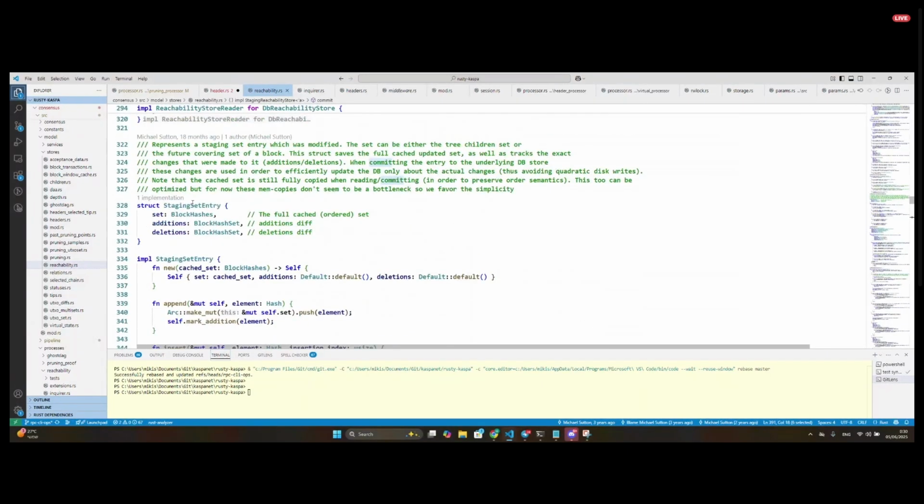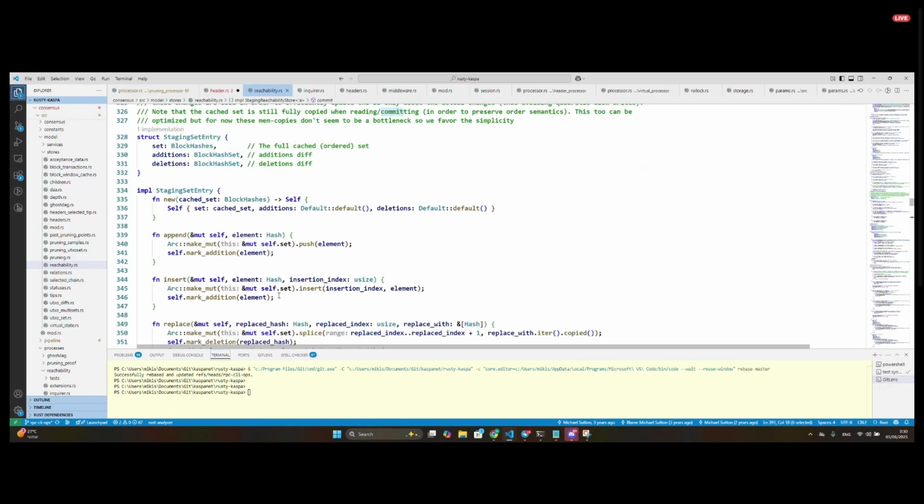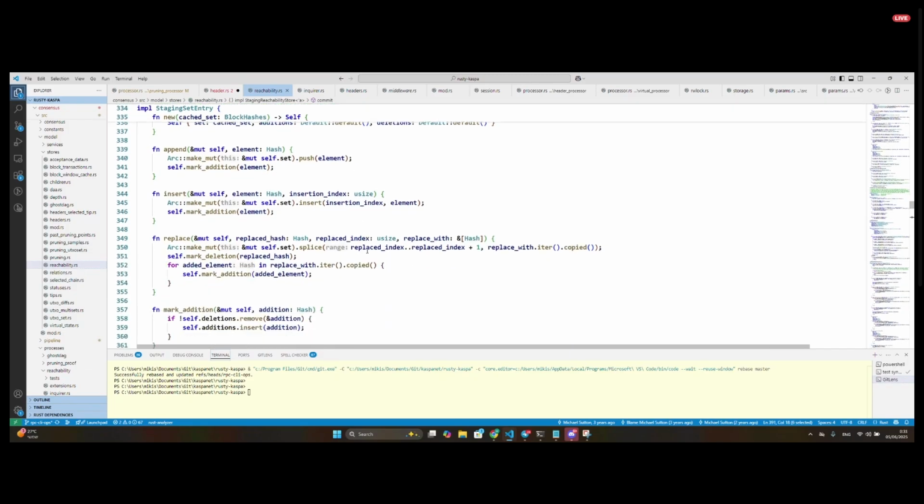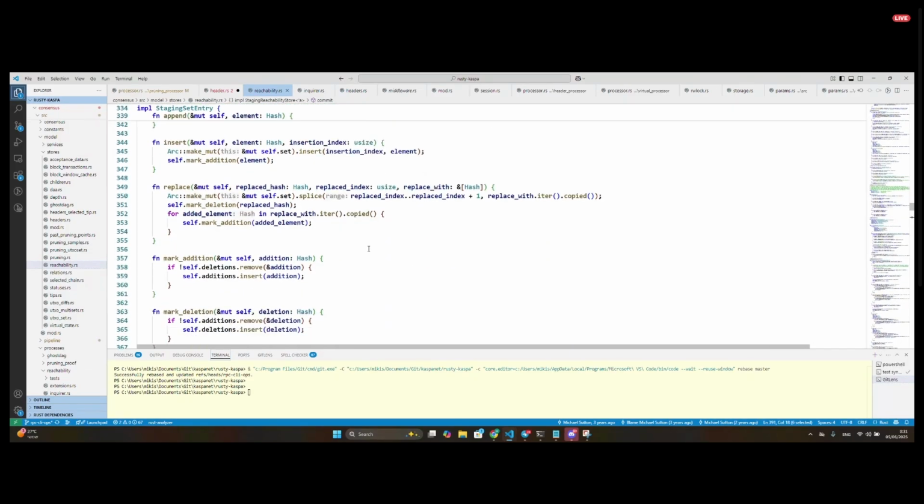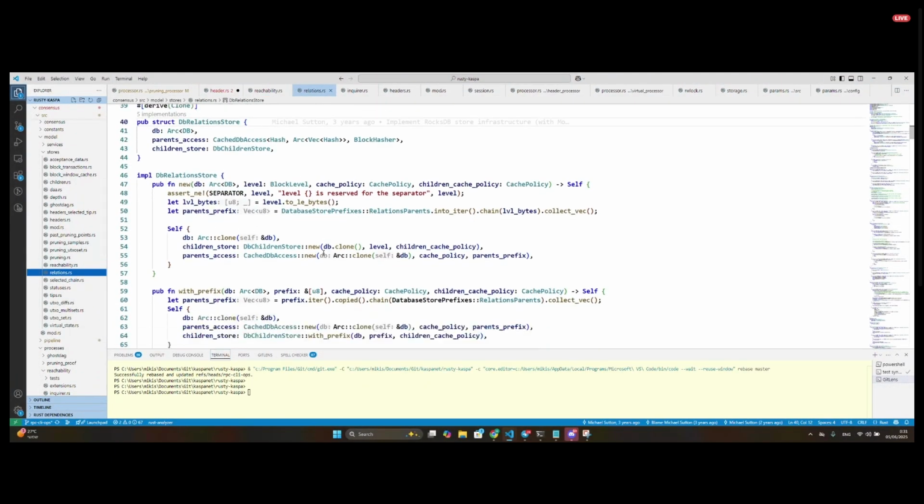And this object encapsulates the complexities of the specific set. So it had enough complications to justify another struct. Maybe not enough documentation here, but that's more or less the staging reachability. And there's also a staging relations store, which is much simpler.